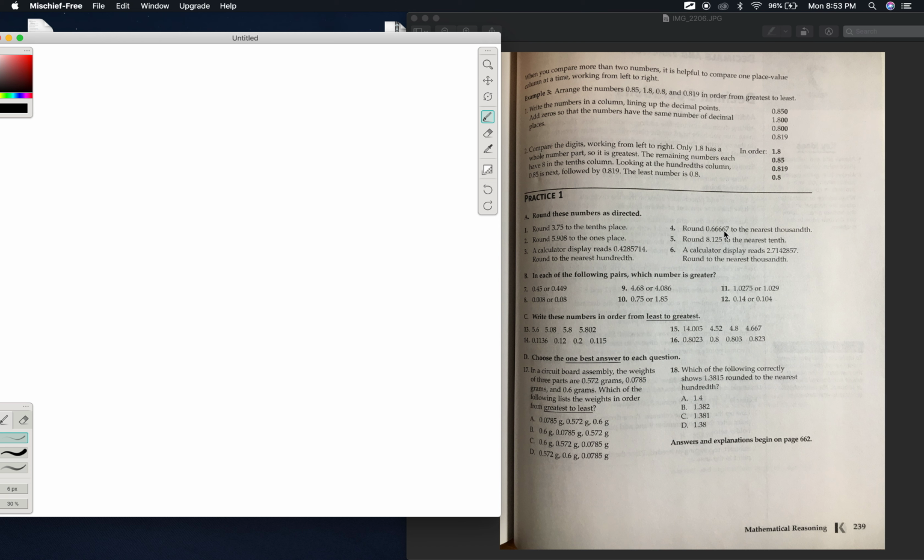So since it's higher than 4, we need to change this over here to a 7. So what we'll do is 6, 6, 7. And since the remaining here would be zeros, we leave them off. We can put the zero here if we so desire.